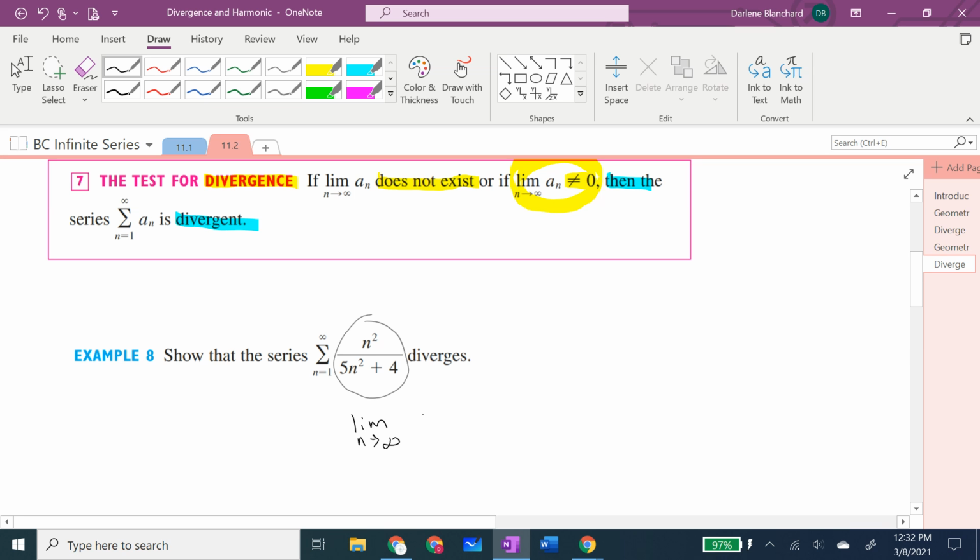What is the answer to the limit as n approaches infinity of the formula for the term alone? Yep.